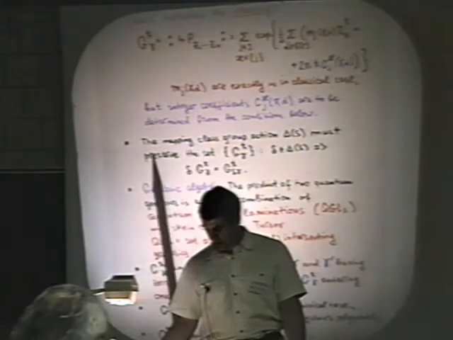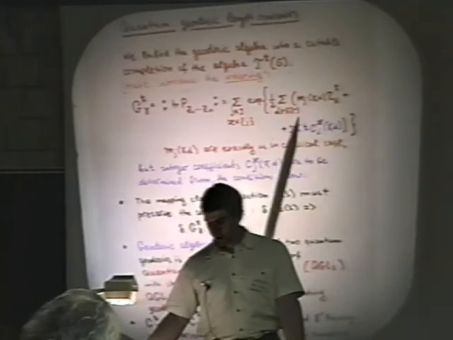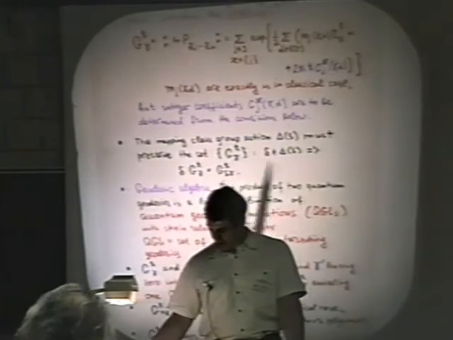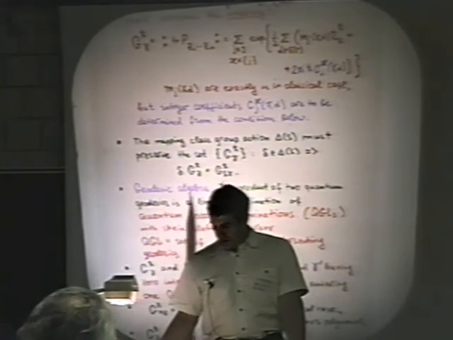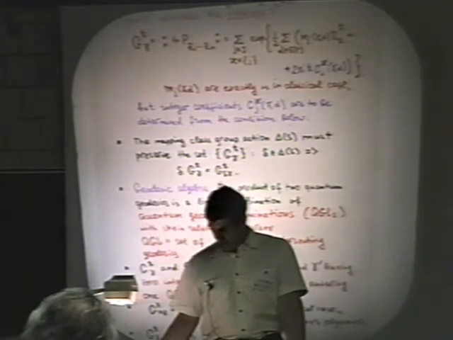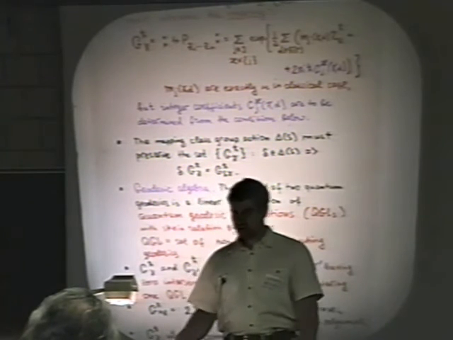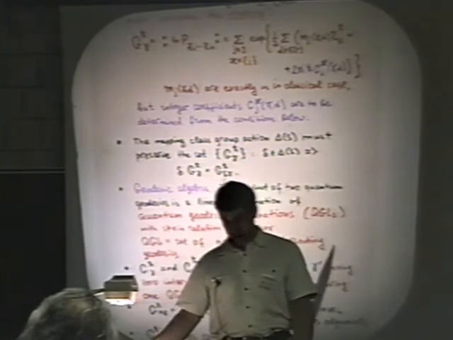The first is that the mapping class group action must preserve the set of these quantum geodesic length operators. And second is a geodesic algebra. That means that the product of two quantum geodesics must be a linear combination of quantum geodesic laminations.